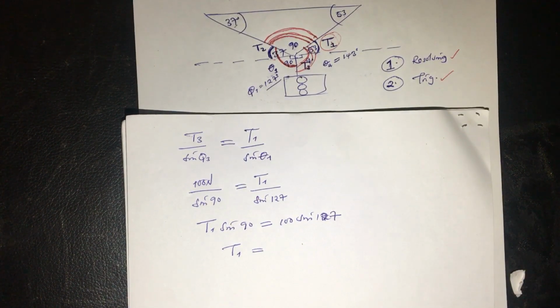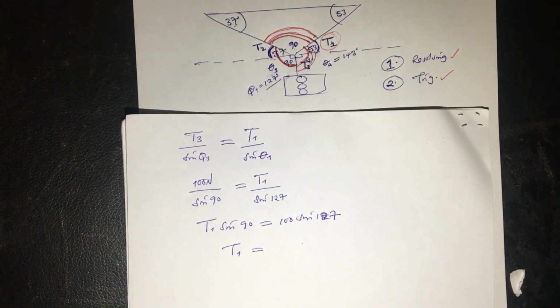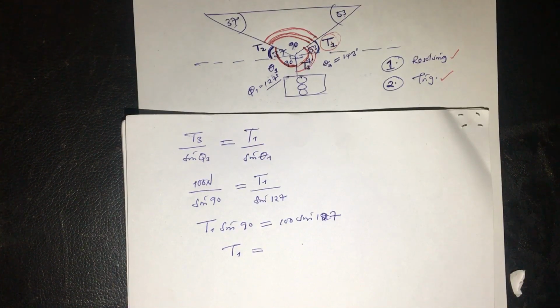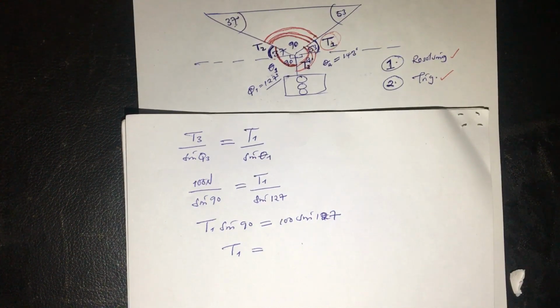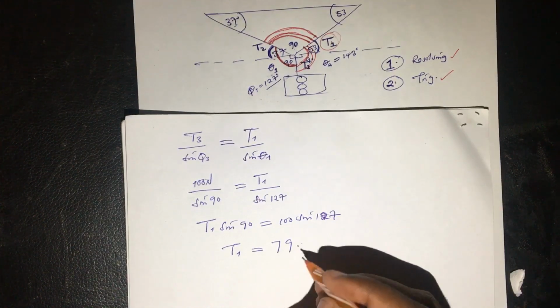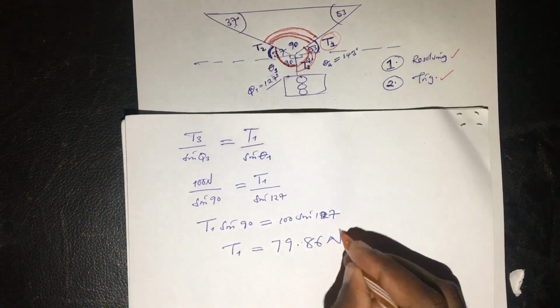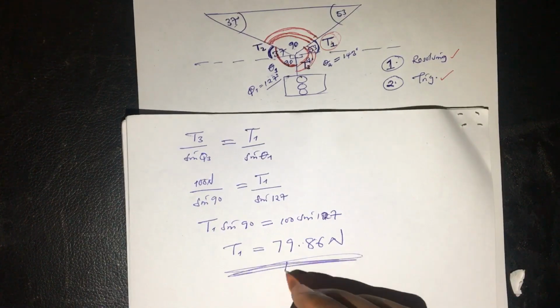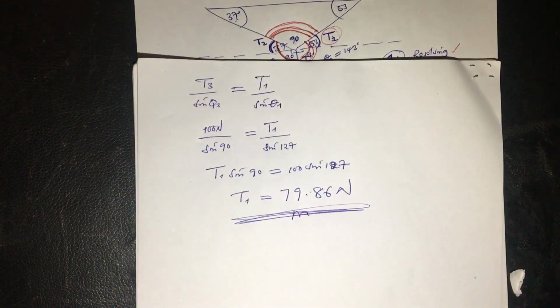Let me use my calculator. 100 sine 127 gives us 79.86 newtons. So this is T1.